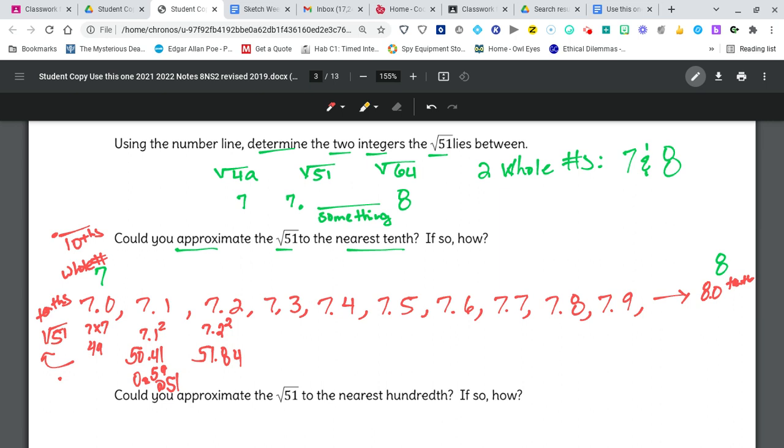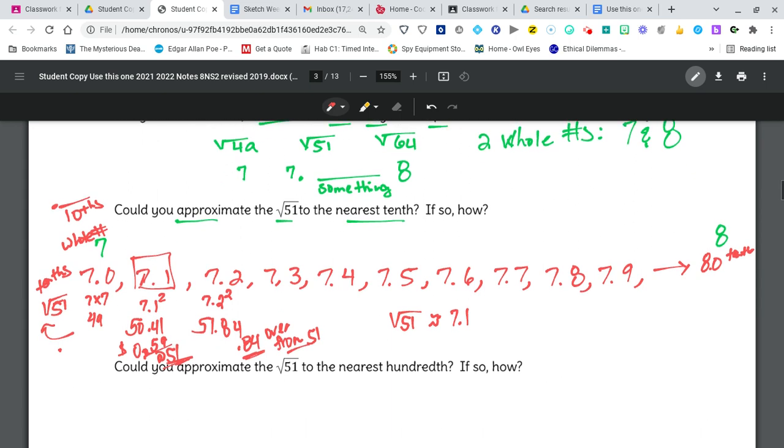Here you're 84 cents over from 51. So it's closer to be 59 cents away from 51 than 84 cents over. This is 84 cents, that's 59 cents. So I'm going to say that to the nearest tenth, the square root of 51 is 7.1. Okay? To the nearest tenth.